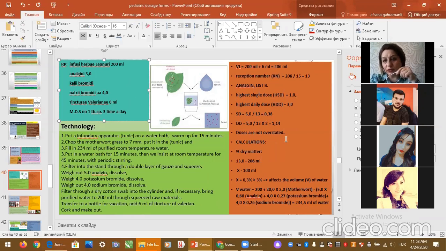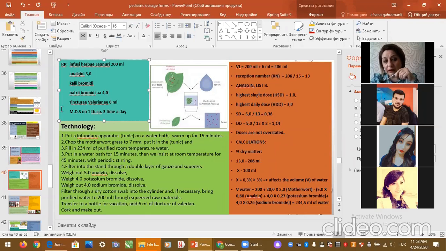It means that the doctor wrote this prescription correctly. Teacher, this 0.38 is for 1 spoon, a single spoon? Yes.